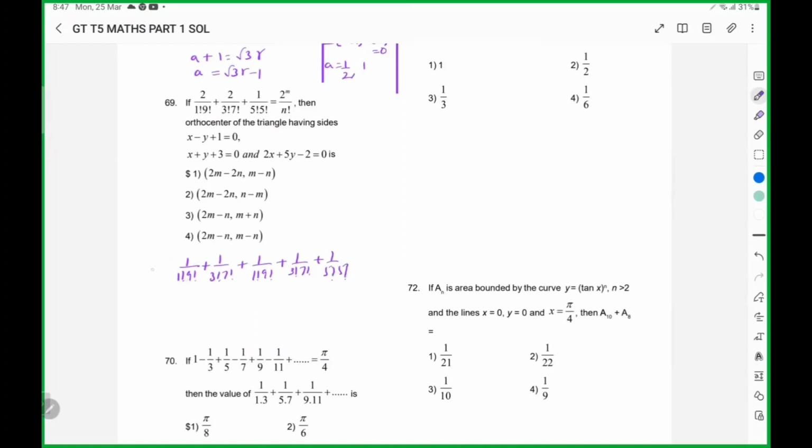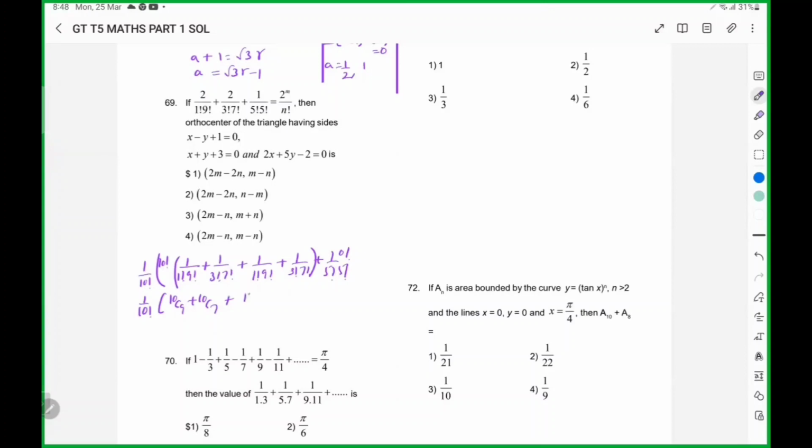If I multiply with 10 factorial and divide with 10 factorial, here it is 1 by 10 factorial, which is 10c9, 10c7.